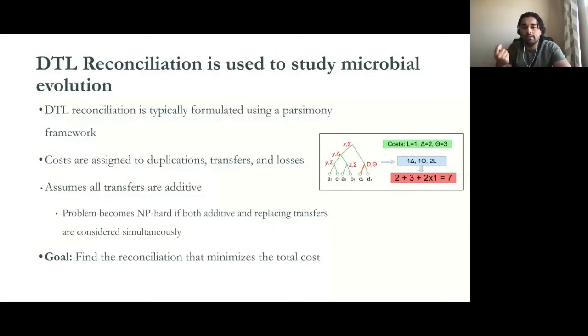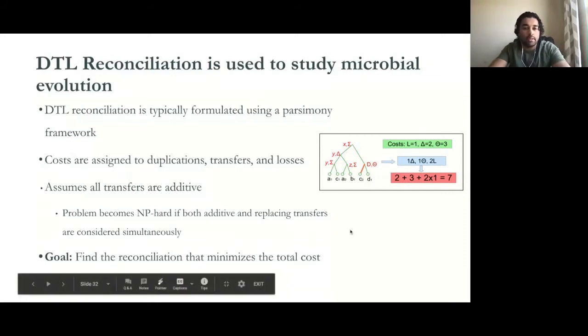And since there are multiple different assignments of events to a gene tree topology, which would reflect an appropriate correspondence to a given species tree topology, we would try to find a set of different evolutionary events within this gene tree that correspond to the lowest cost when fitting in this gene tree within the species tree.